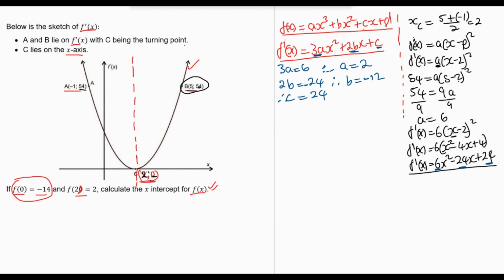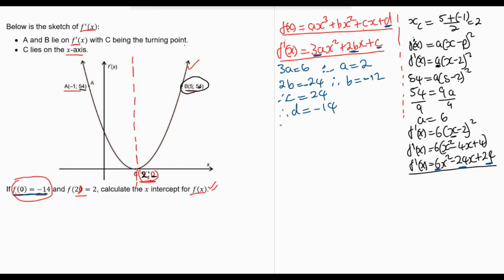Right, what about d? We're given that f of 0 is equal to negative 14. When x is 0, y is negative 14. So this is the y coordinate of the y-intercept of our cubic function, which is d. So d is equal to negative 14.